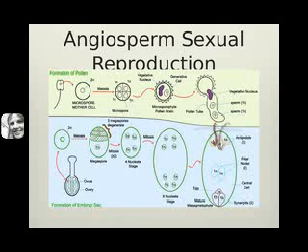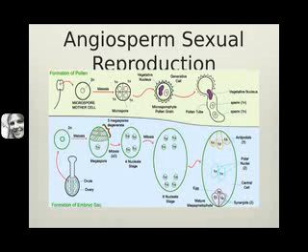The polar nuclei will actually become a nutrition source for the new embryo, and we'll see how that happens in just a second. And the synergids here that surround the egg, the synergids basically act like those people that help airplanes land and they have those flashing lights and direct airplanes on the runway?